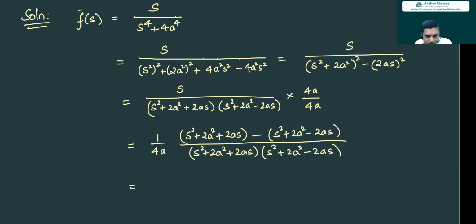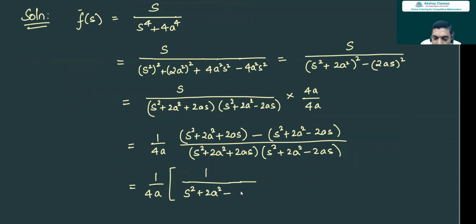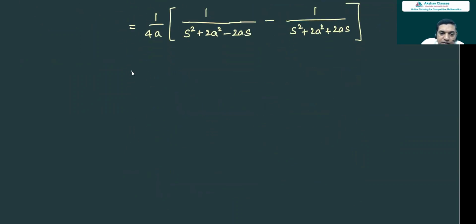So next, what I do now is split into fractions. So I get 1 by, now I'll split this in an interesting manner. I'll write in the next step anyway. I'll further simplify this by 4a.